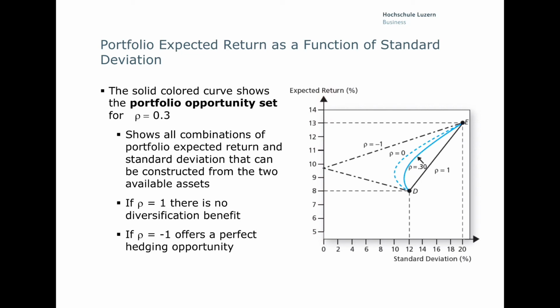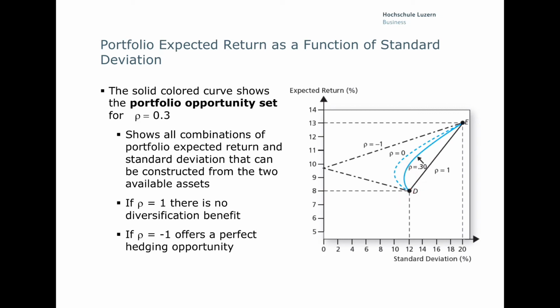The solid blue-colored curve shows the portfolio opportunity set for a correlation of 0.3. We call it the portfolio opportunity set because it shows all combinations of portfolio expected returns and standard deviations that can be constructed from the two available assets.